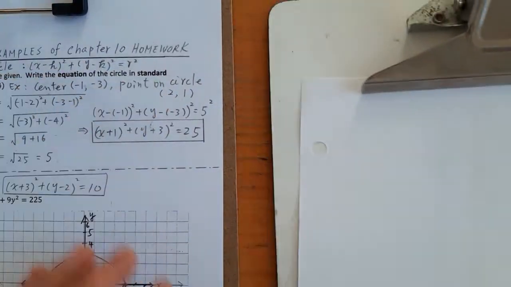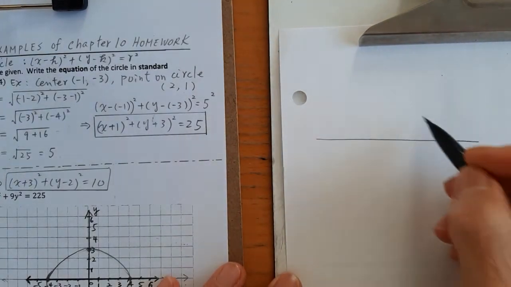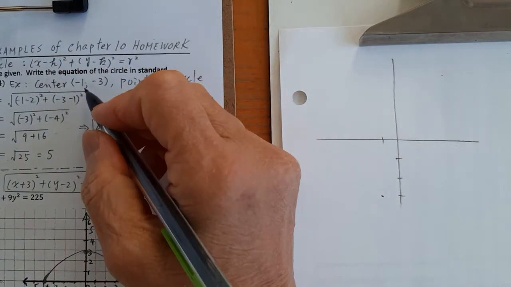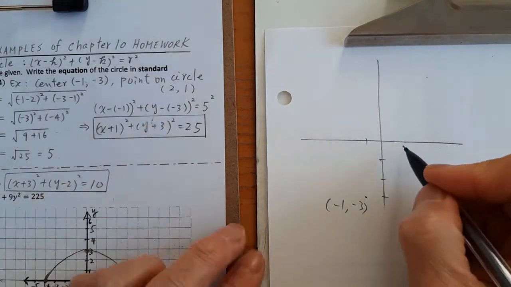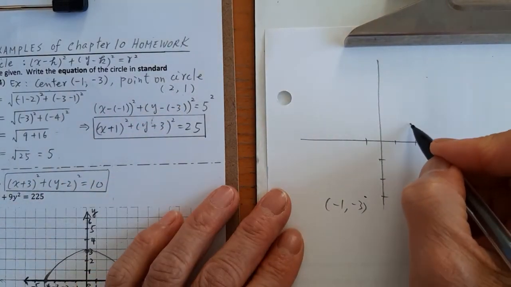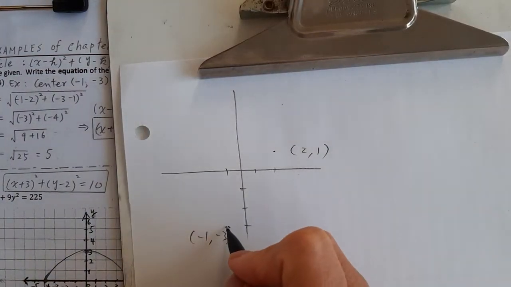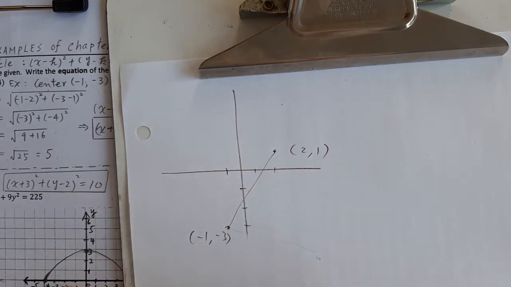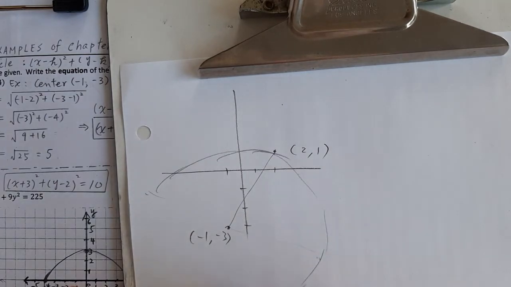Another example. Second example: find the equation of the circle with center at -1, -3, and the point on the circle at 2, 1. This is the center, h, k, and the circle goes through this point.